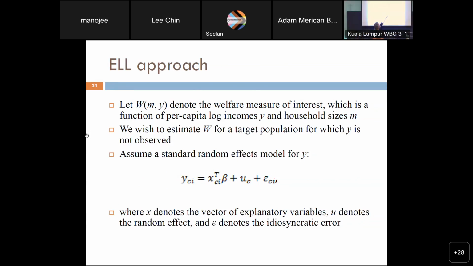So this is a random error that varies across locations. So it's like a location error. This is a household error, so this error term varies across households. It's a household i living in location c. So this is an idiosyncratic error term that varies across all households. This is an error term that varies across locations.